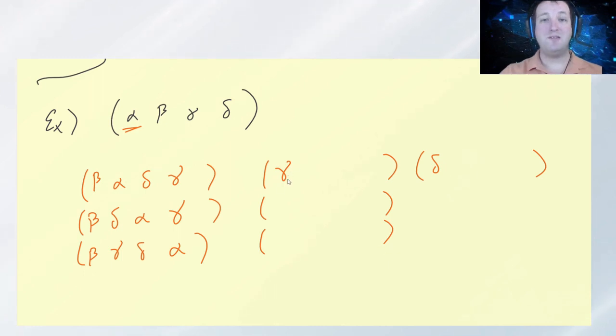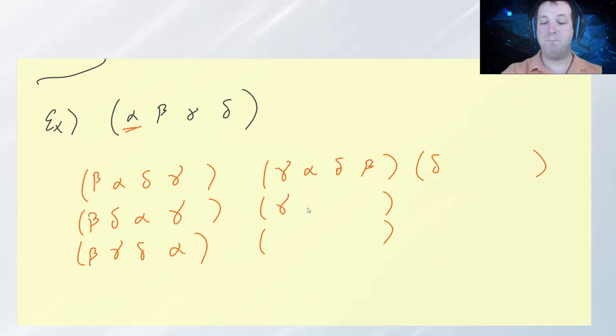So if gamma is in position 1, alpha can be in position 2, that's perfectly fine. Then we can have beta in position 3, that's okay, but that forces delta to be in position 4. That's not okay. So that means if alpha is in position 2, that forces delta and beta to be in those positions.